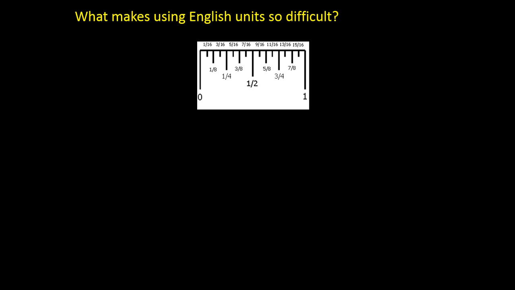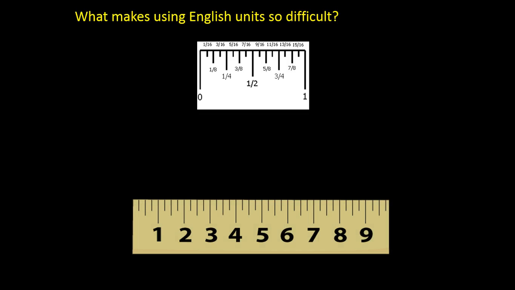So for example, if we're measuring an inch, we could measure a half an inch or a fourth of an inch or 3/8 of an inch. So fractions are what make English units so difficult. If we're measuring with this ruler and we're asked how long the paper clip is, we would need to be able to say that the paper clip is 2 3/4 units long.